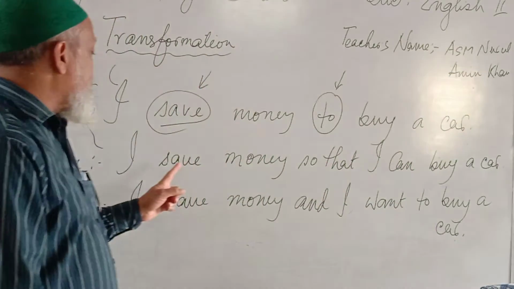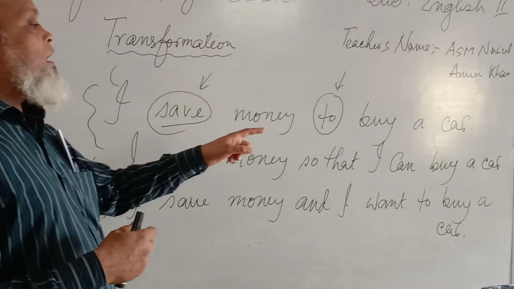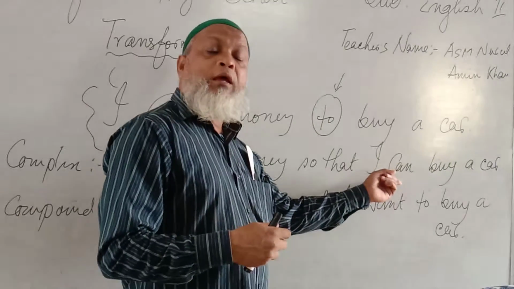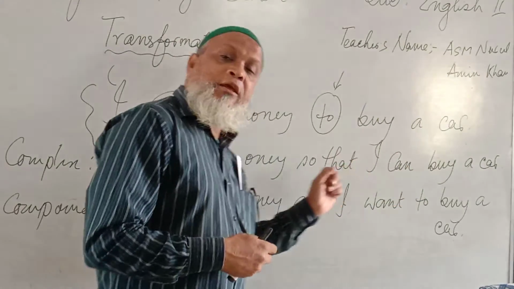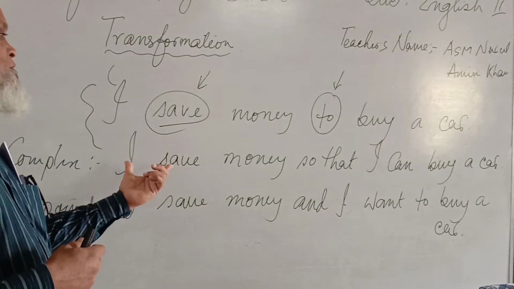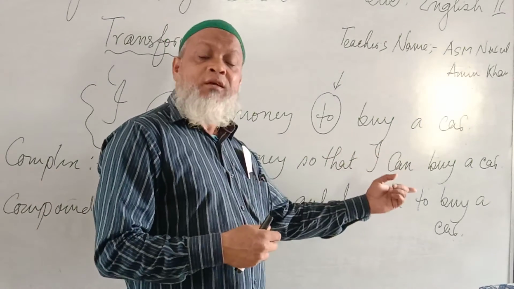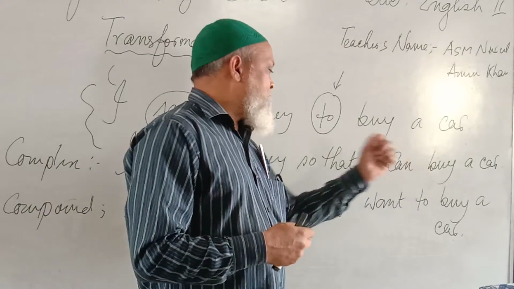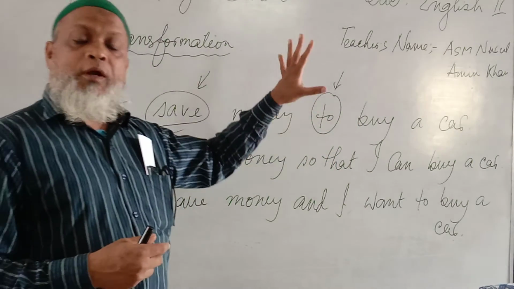When the sentence is present, the auxiliary verb can must be used after the subject, after so that. And if the sentence is in past form, we have to use would after so that, after the subject. These two things should be remembered.